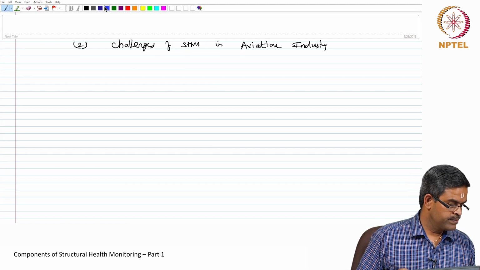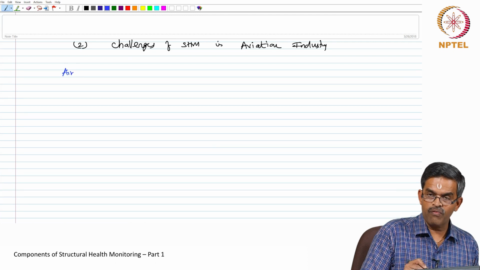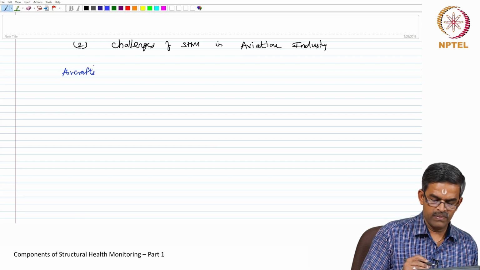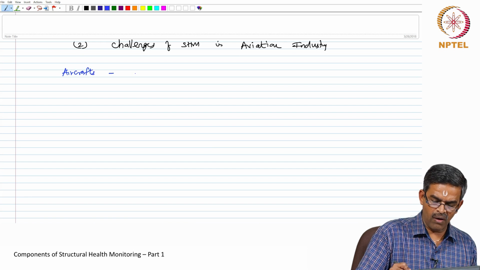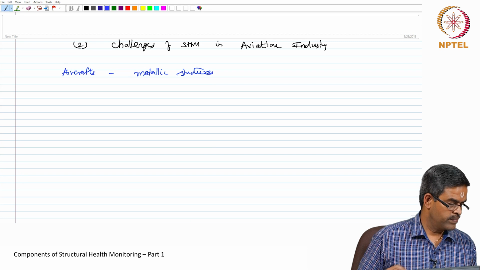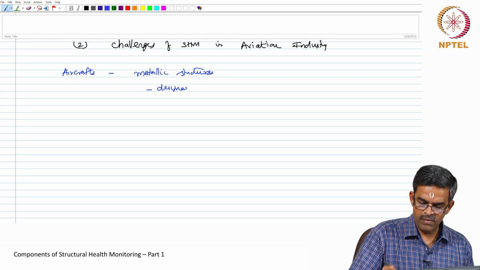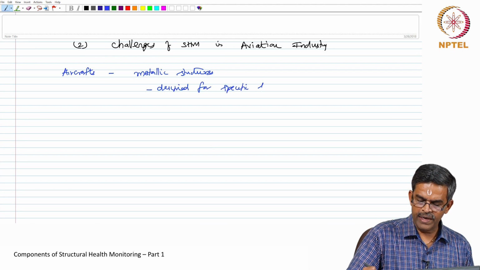Interestingly friends, in the aviation industry the vital component of measuring the responses will be on the aircrafts. Aircrafts essentially are metallic structures which are designed for specific flight hours.